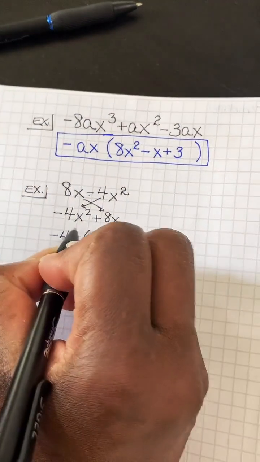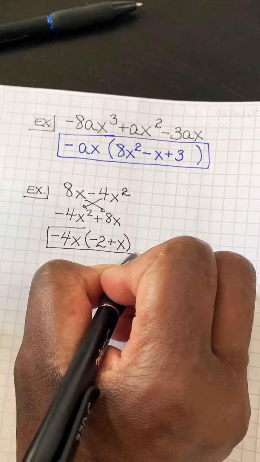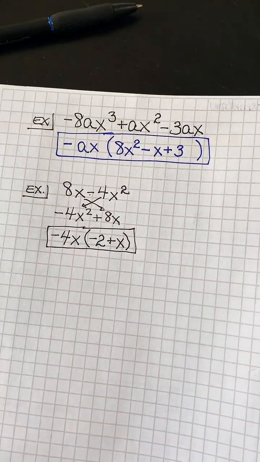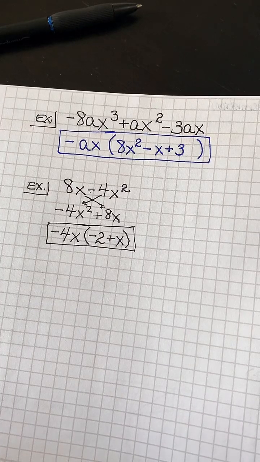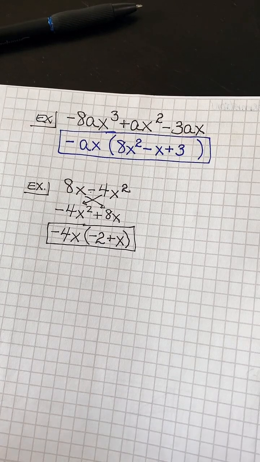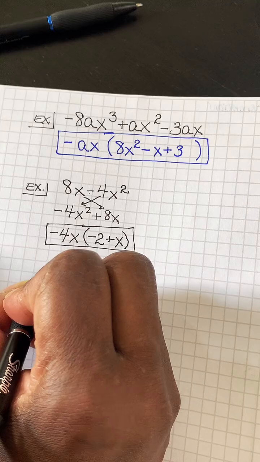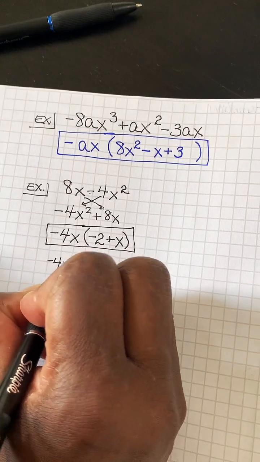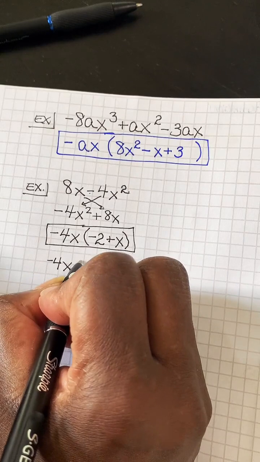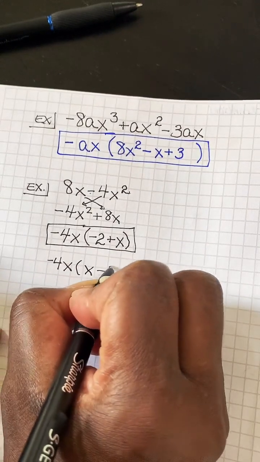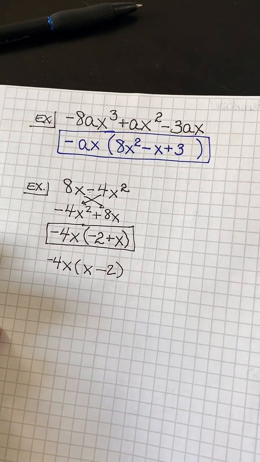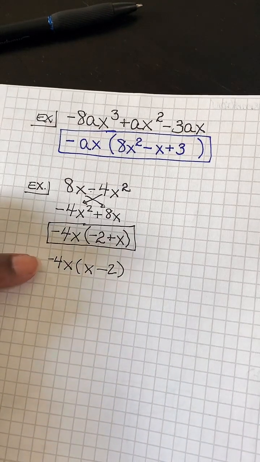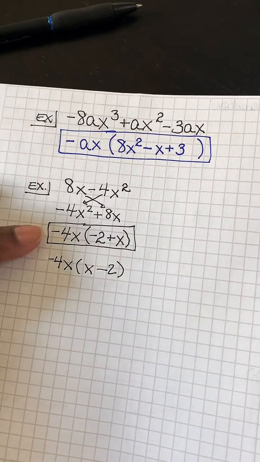Okay, good. So we have -4x times -2 plus x. Now, if you completely forget to switch it, and you just still had -4x and then you were like, oh, this is going to be x minus 2, remember, most of the time it's going to be a multiple choice question, so just see which one is closest to your answer.